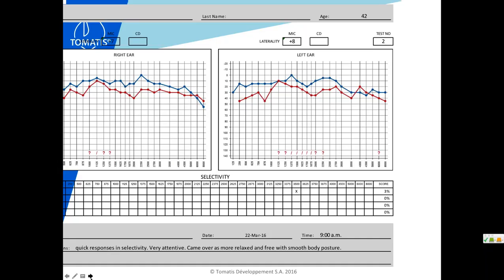He's still closing himself off a lot. The selectivity has opened up in the right ear. You only have one error left here on the left, which is very good. Yes. Do you know if the tinnitus is on both sides? I think it was more on the left than the right.